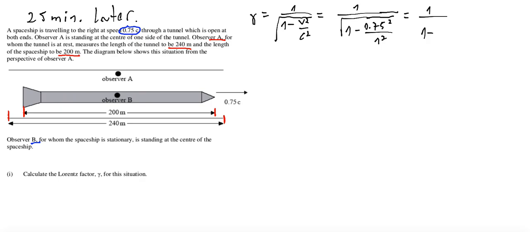Okay, so 0.75 squared is 0.5625. 1 minus this, the square root and reciprocal. So we have 1 divided by the root of 1 minus 0.5625, which is 1.51.